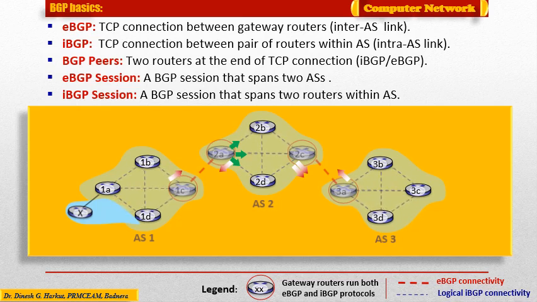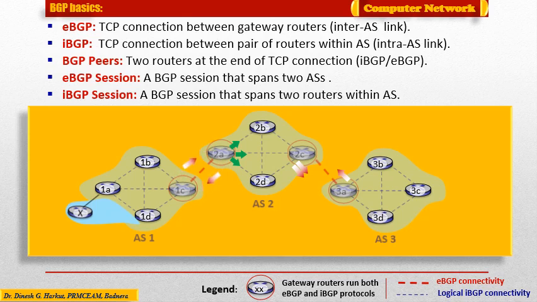As you may expect, using eBGP sessions, that is external BGP sessions or these red dashed lines, between any gateway routers, either 1C or 2A or 2C or 3A, AS1 sends AS2 the list of prefixes, that is X in our case. This is prefix X.